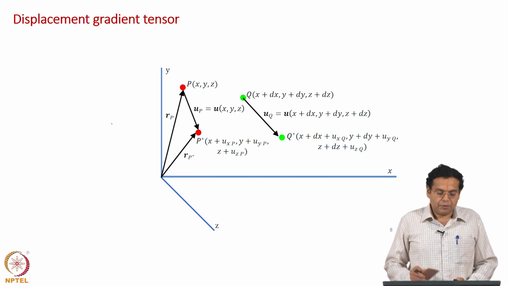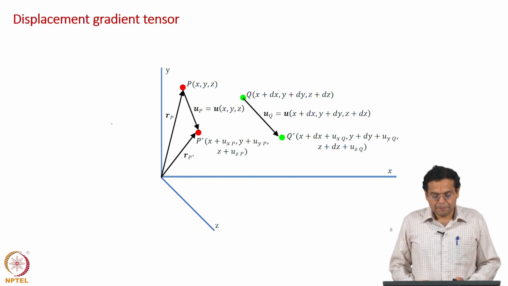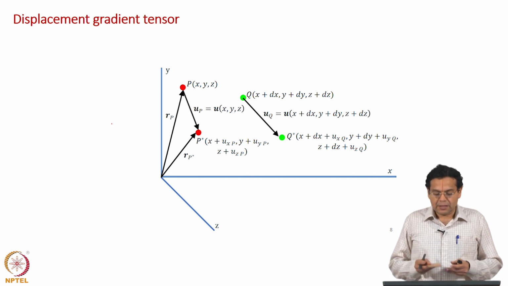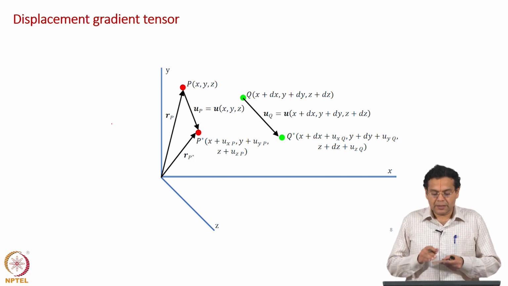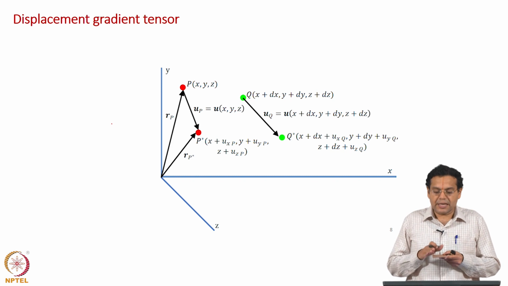Okay. Before going ahead with that, what is shown in this figure are points P and P star, Q and Q star. So, what is shown is you take a plate, identify point P, identify point Q, and it undergoes a change in coordinate.